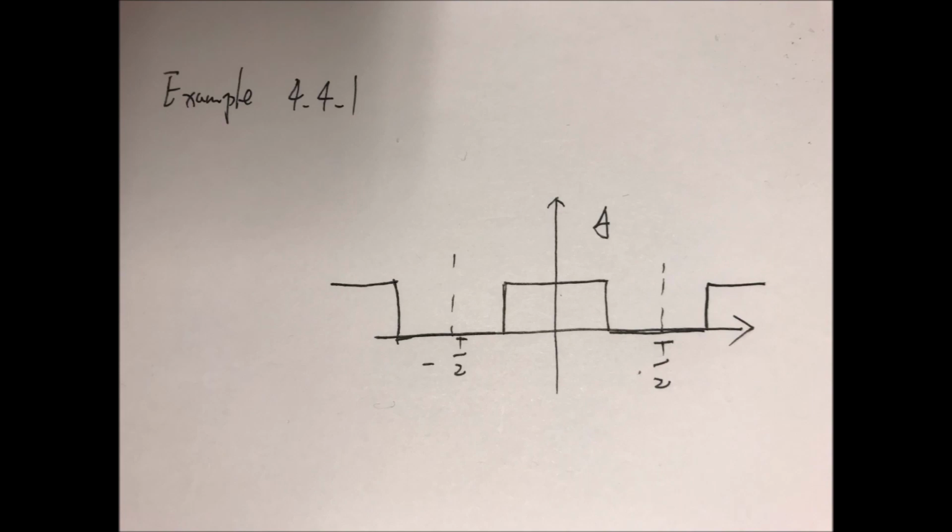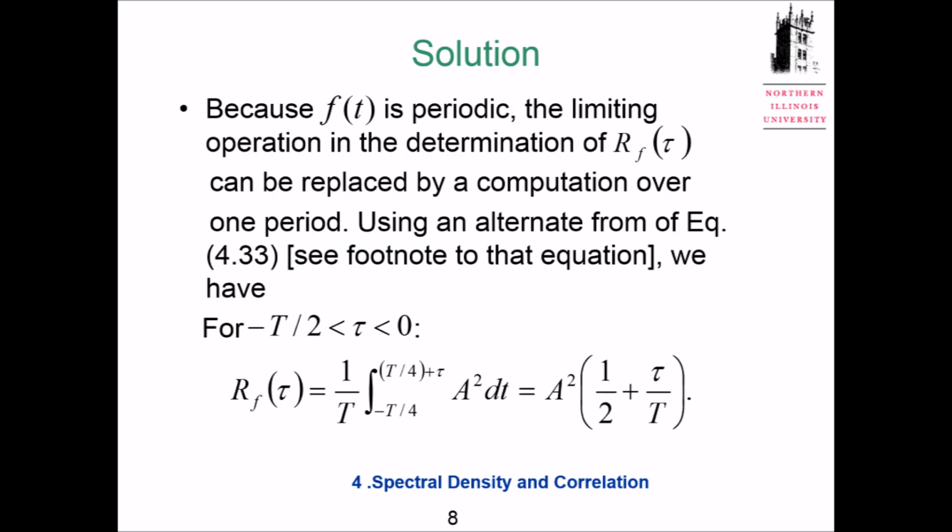So let's go through it together. Because my signal is periodic, we find the autocorrelation over one period.